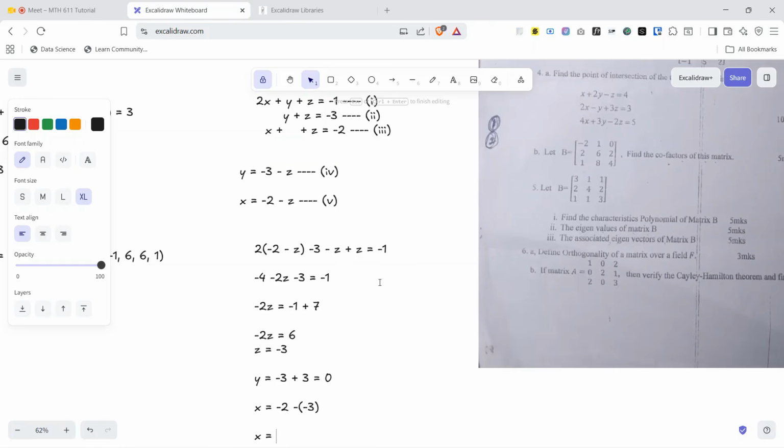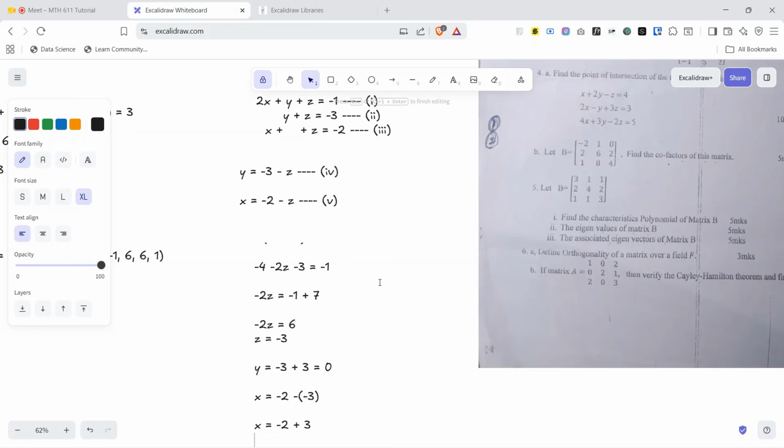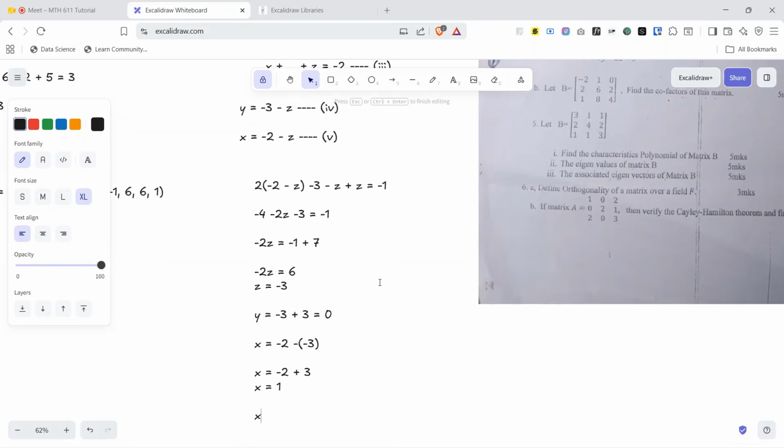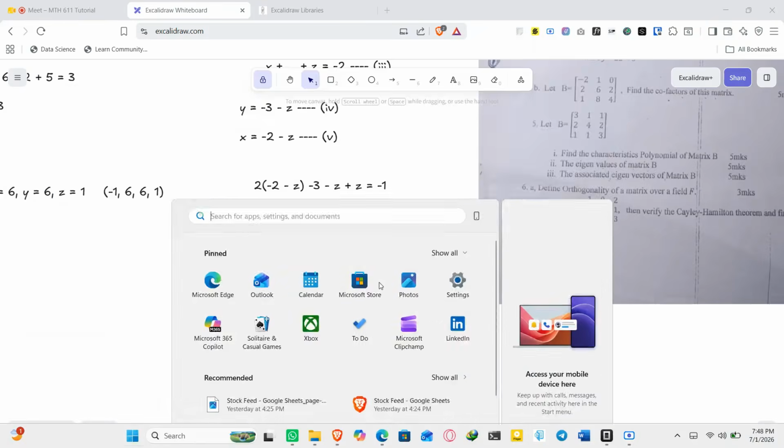It means that x would be equals to minus 2 plus 3, which means x equals to 1. So in this case, x equals to 1, y equals to 0, z equals to minus 3. So that's the first one.